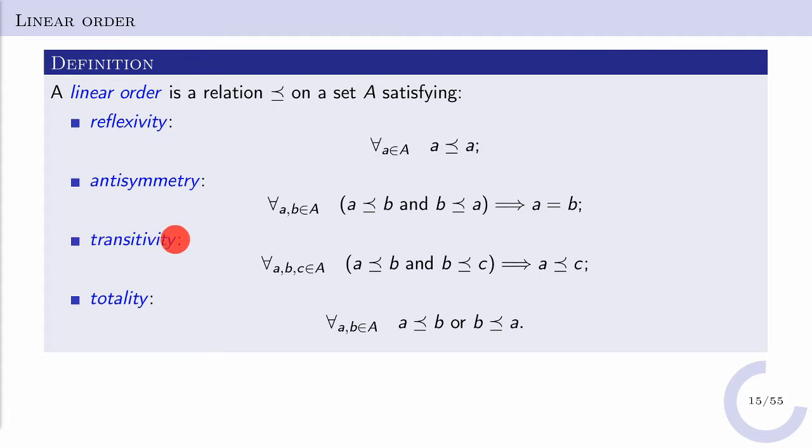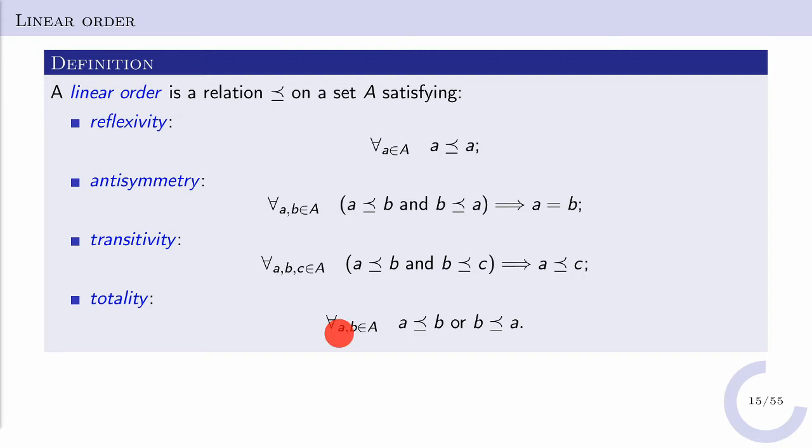Third property, third axiom is transitivity. So if A is related to B and B is related to C, then A must be related to C. And the last axiom is totality.